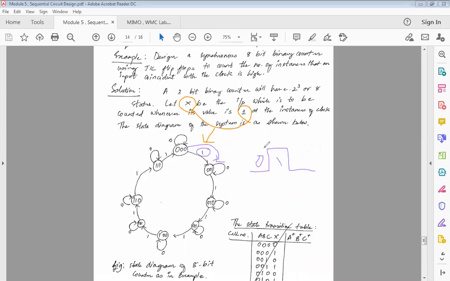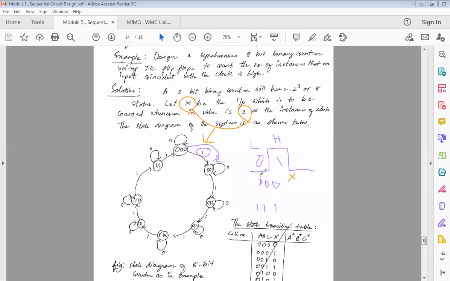So we can take this as low and this as high. Whenever it is high, it will move to the next state. So 000 till 111 is going to be our normal count that we do. To that we are adding X.